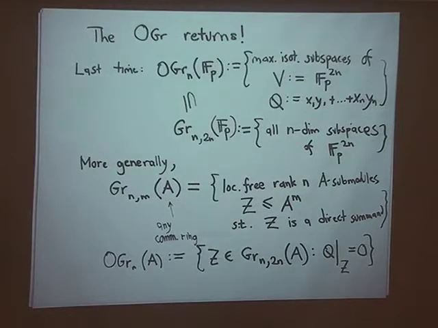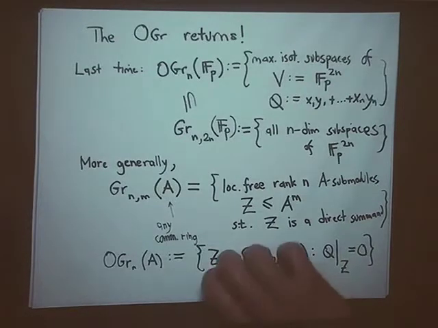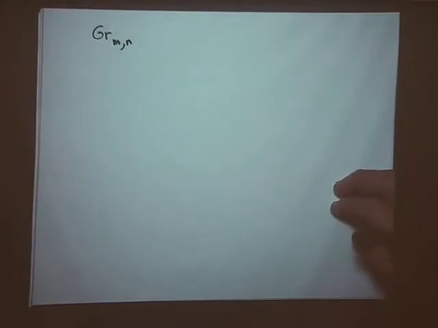And now the OGr functor is represented by a smooth projective OGr scheme, just as the Grassmannian is represented by a scheme. Let me write that. Did I reverse the n and m?